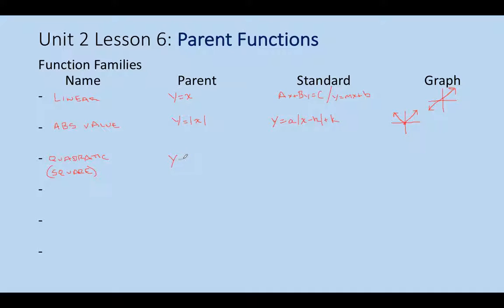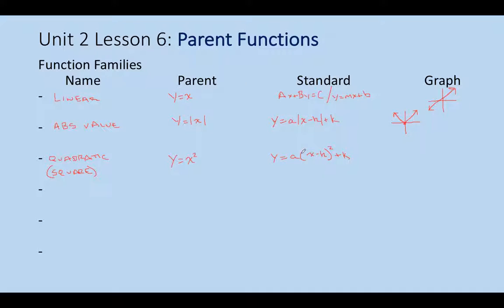The parent function is y equals just x squared. You may remember the standard form of this from regular algebra class. It'd be y equals a times (x minus h) squared plus k.